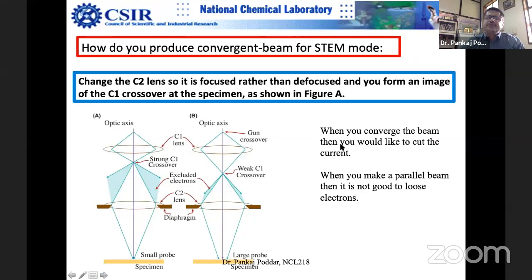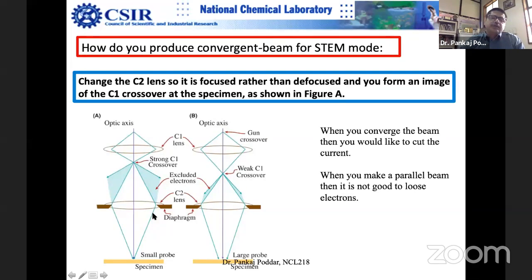When you converge the beam, you would like to cut the current. When you make a parallel beam, it is not a good idea to lose electrons, because the electrons per unit area passing through your sample will be less, so it is not a good idea to reduce the electron density. You would not like to use the aperture to cut the number of electrons.